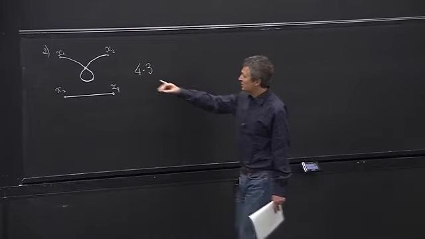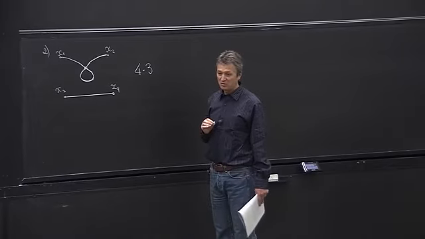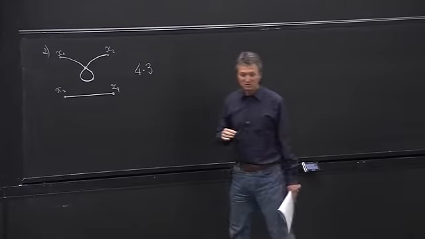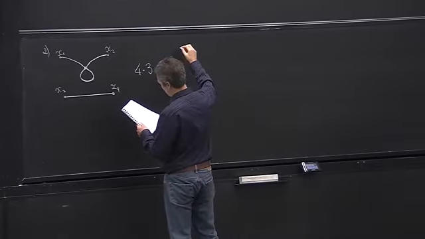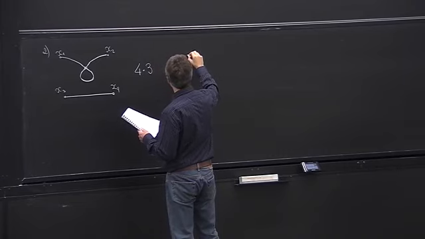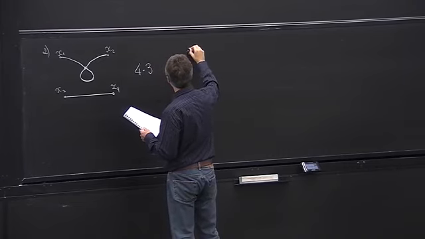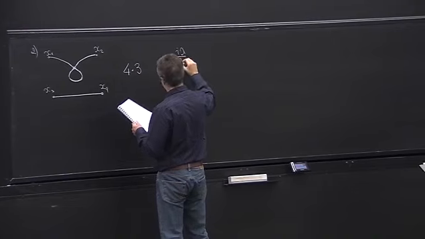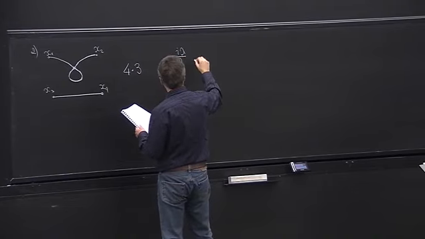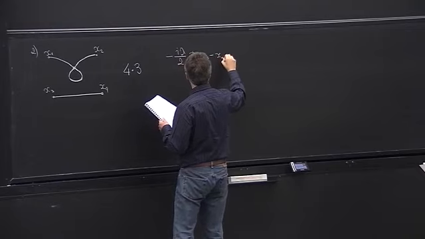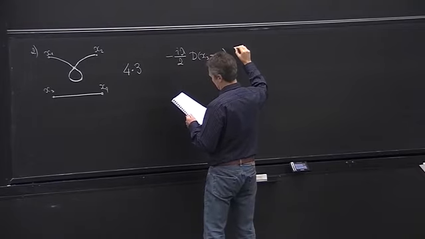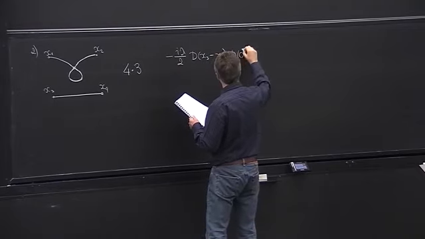So you see that here the cancellation is not perfect. We are left with a factor of 1/2. So the analytic expression for this diagram is minus i lambda divided by 2, then D(x3 minus x4), D of 0.